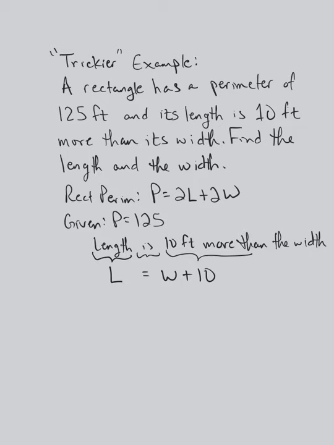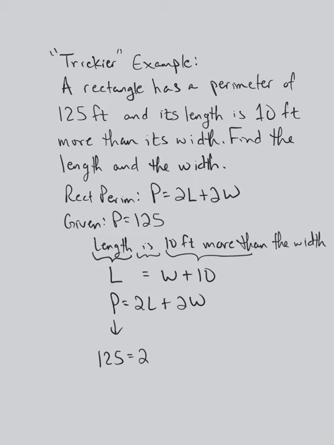Okay, so now here's a big thing in math that some students have trouble with. We know that the perimeter is 125. That part's pretty straightforward. And then we have this 2L. Now the thing is, this is a second piece of information right here: L equals W plus 10. So we have two expressions separated by an equal sign.